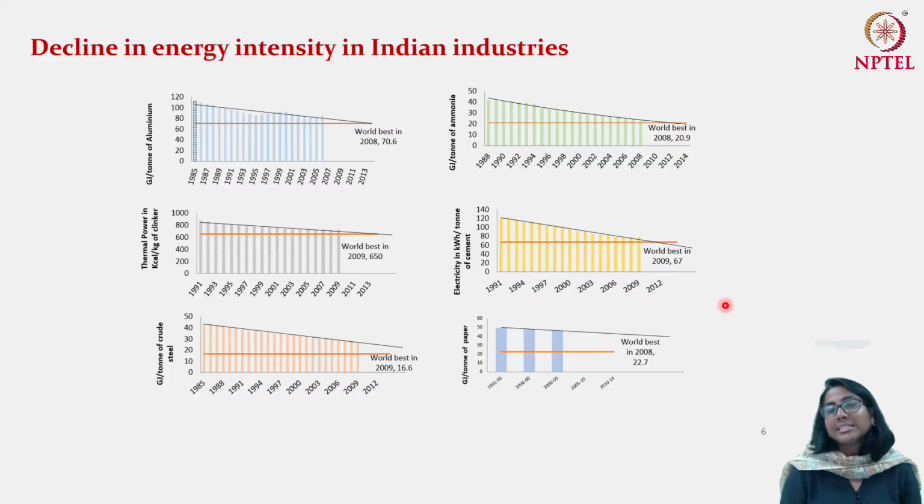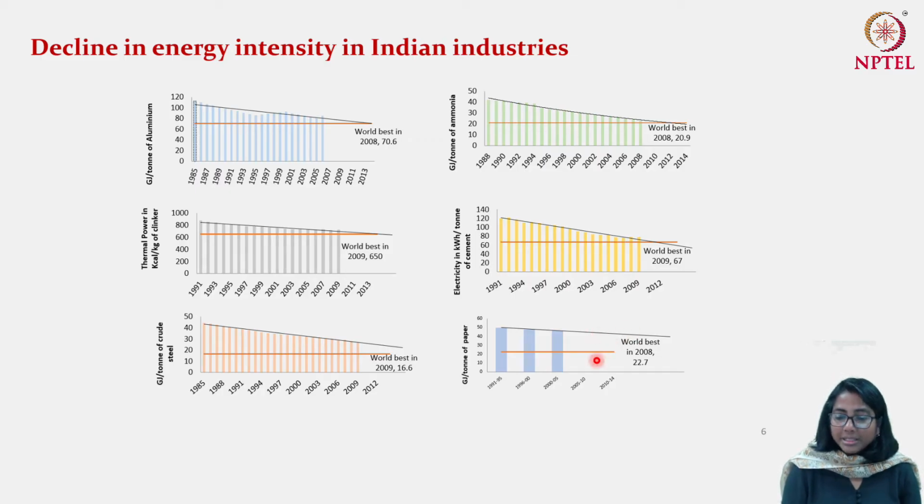If you do this kind of analysis to understand the trend of energy intensity, it tells you where there is scope for policy intervention. If you think about cement, it's already close to the world best, close to the benchmark. But if you think about paper, there is a clear difference between the world best and where India is operating.